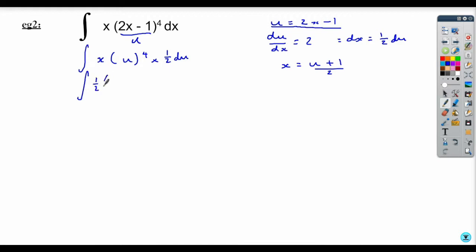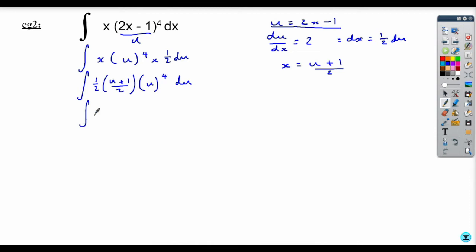So I've got half u plus 1 over 2 multiplied by u to the power of 4 du. Now I can simplify this a little bit. So what I'm going to do now is multiply all this by a half.